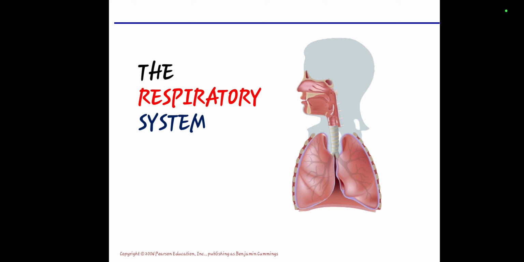As I said a while ago, the system that helps you to inhale and exhale oxygen and remove or discharge carbon dioxide is the respiratory system. It's very important for you to know the main function of each system, because it is included in your major subject or your major field.